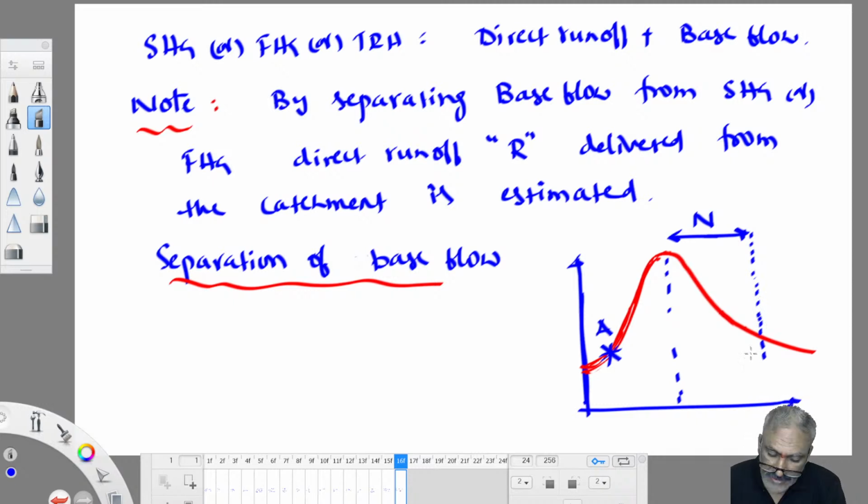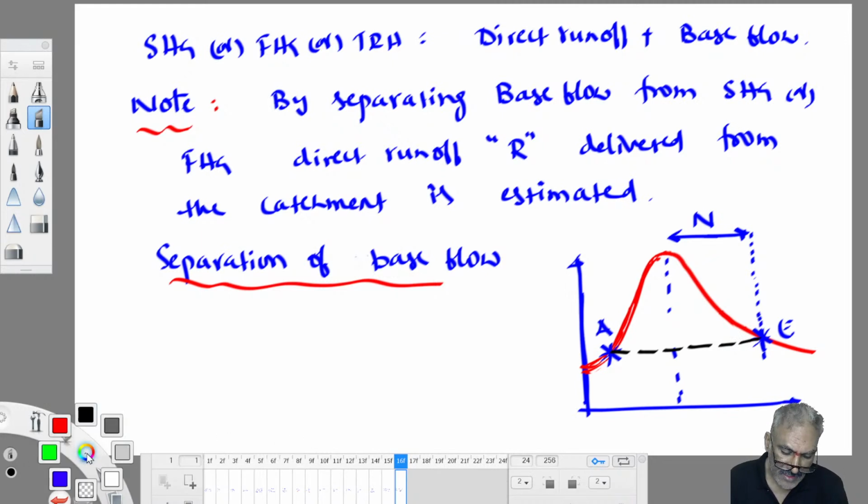That vertical cuts the recession limb at point E. Where exactly this vertical cuts the recession limb is taken as point E. Point E is the end of direct runoff, point A is the beginning of direct runoff. If you join both of these points by a straight line, then that straight line separates base flow from direct runoff. So this is called the straight line method of separation. So this part of runoff is called base flow then.